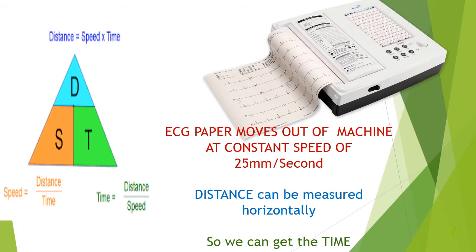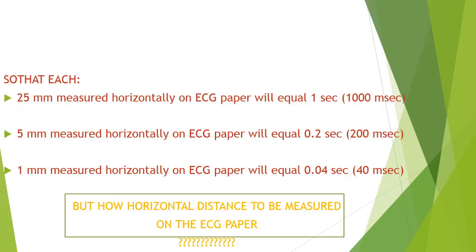And for 1 millimeter measured on the ECG paper, it will equal 1 divided by 25, so it will equal 0.04 second, equaling 40 milliseconds. So for each 25 millimeters measured horizontally on the ECG paper, that will equal 1 second, and that 1 second is 1000 milliseconds.